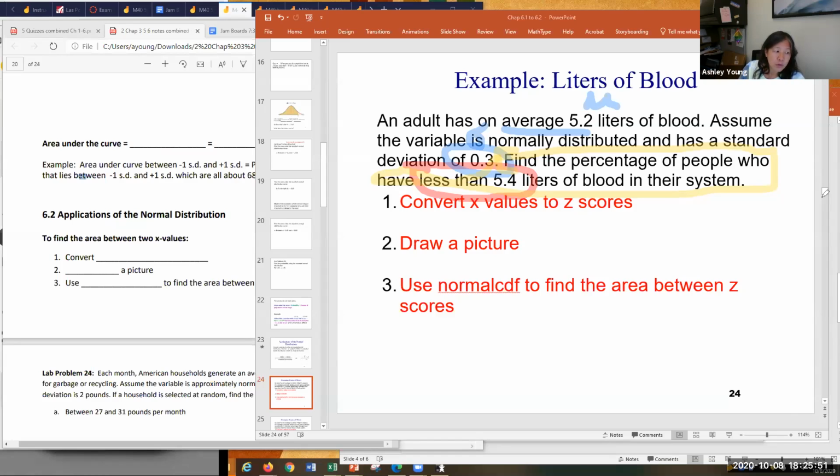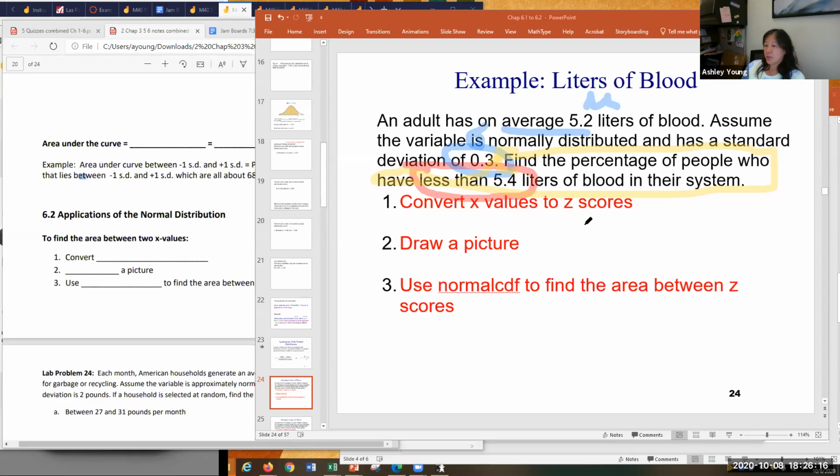So I need to first figure out what do I care about? I care about less than 5.4 liters. So 5.4 is my x value. I need to convert it to a z-score. How do I do that? Figure out how far it is from the mean. The mean is 5.2. That's my average. Average is mean. So how far is it? 0.2 liters.